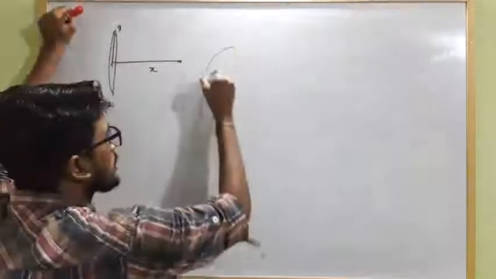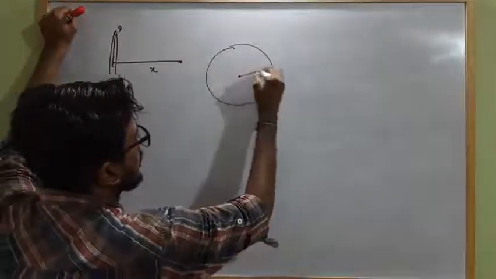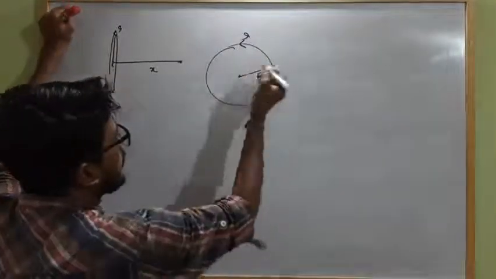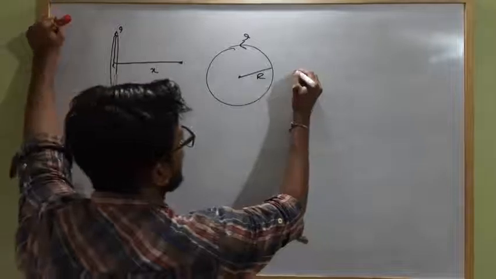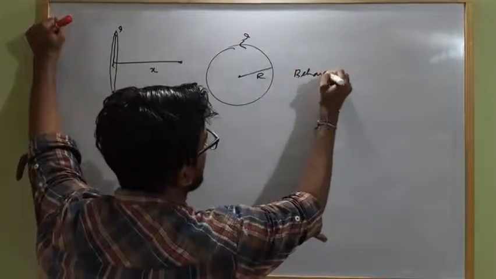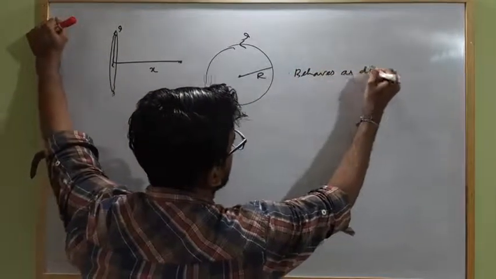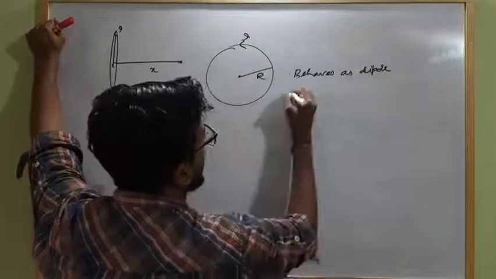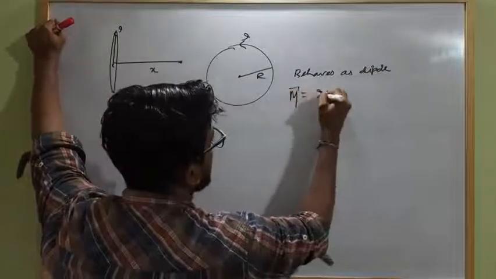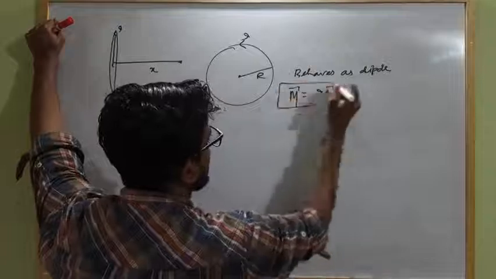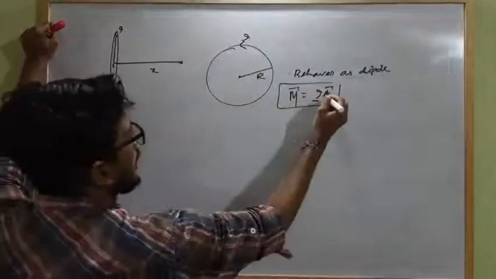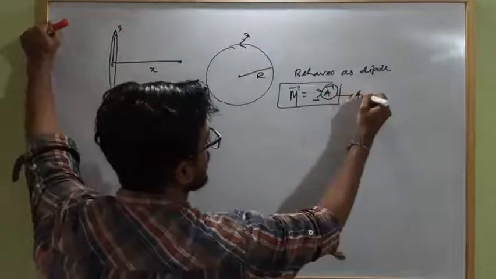Because if this is a circular current carrying coil, this is the radius r and current I is flowing through it, then it behaves as a dipole having dipole moment M vector given as I times A vector. What is I? I is the current flowing through it, and A is known as what? Area vector.